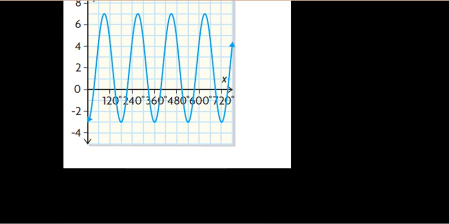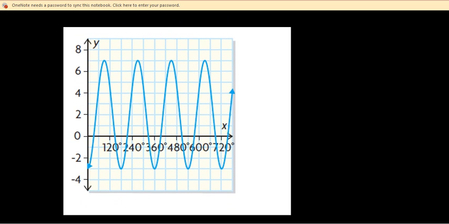So what happens if you take the maximum value that you see, which is 7 here, and the minimum value, which is -3? How do you find the very middle point between these two?